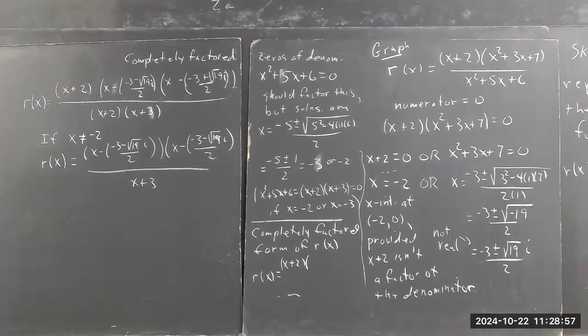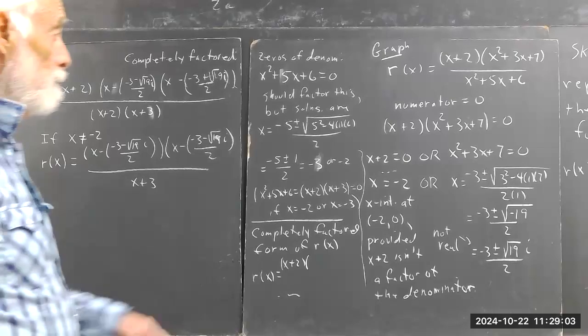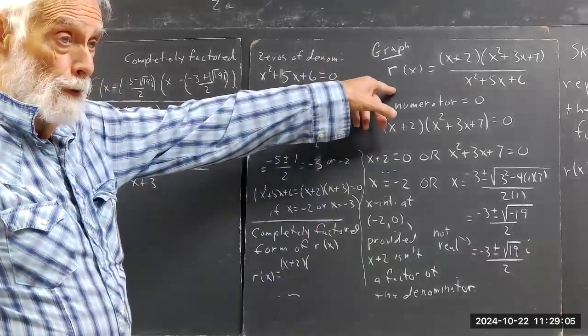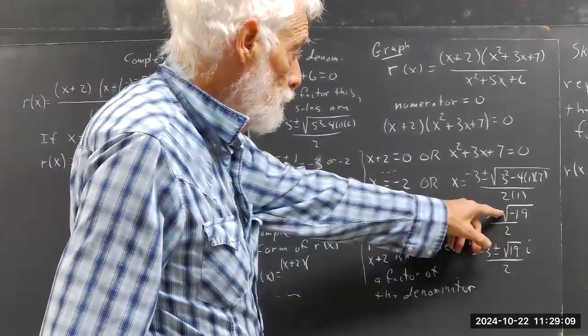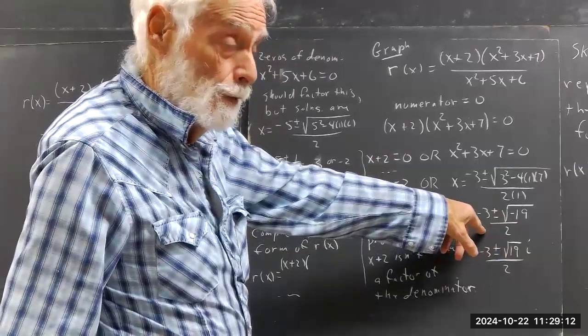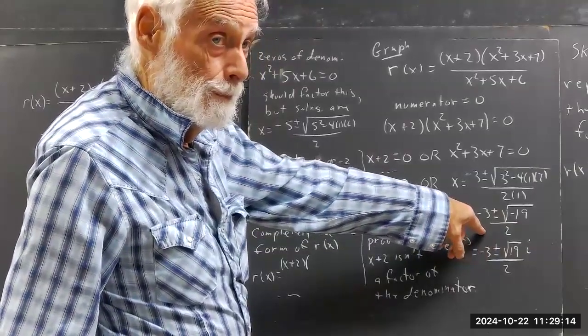Now, as I say, when you're graphing one of these things, you usually don't bother. Once you get to the point here where you see that this is not real, you know that there are no zeros.